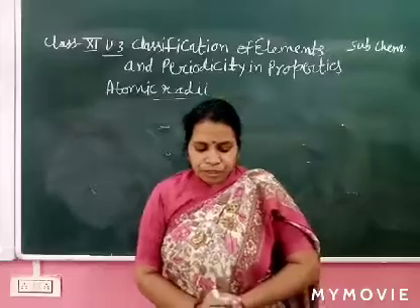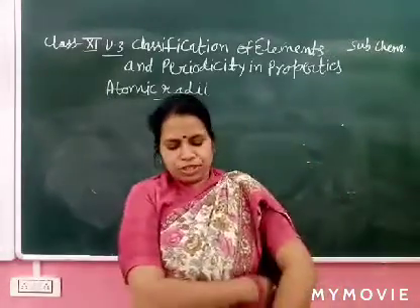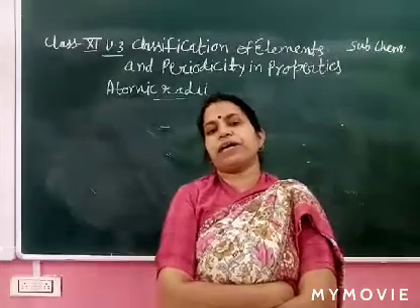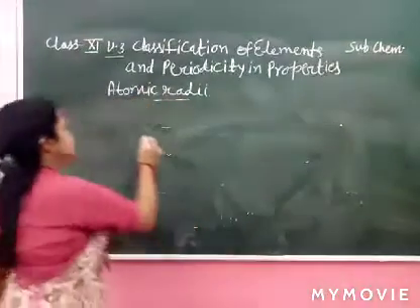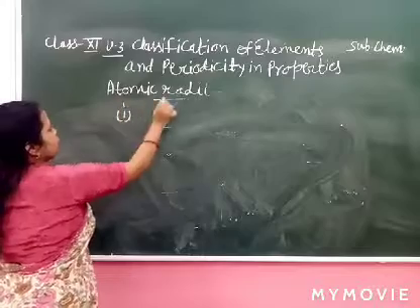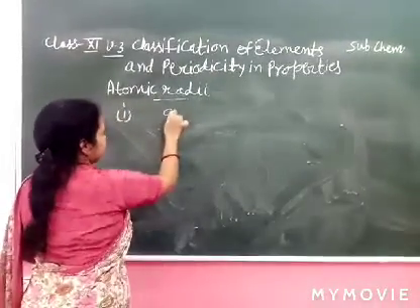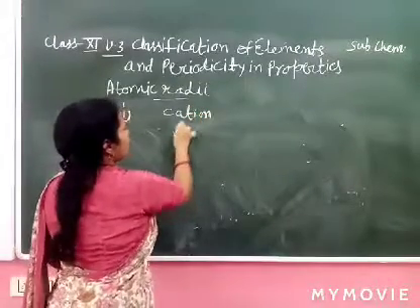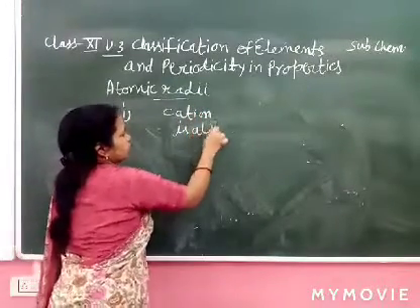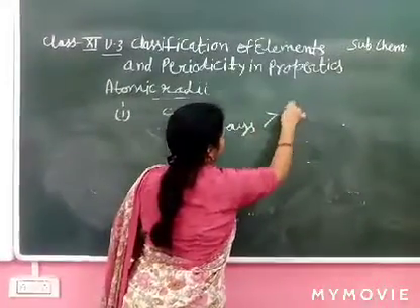Now, how is the radius of the cation always smaller than its parent atom? We consider this point in detail. First, cation is always smaller than the parent atom.